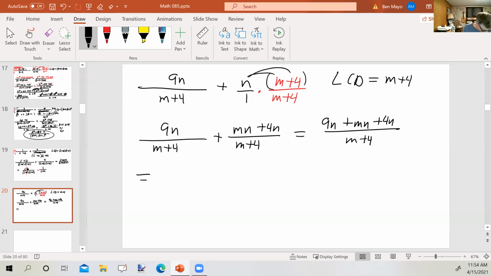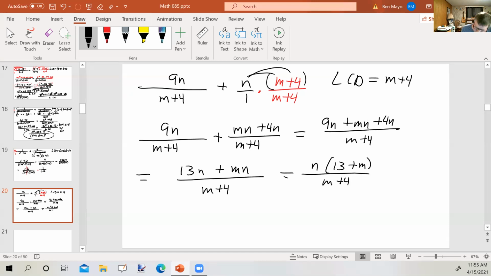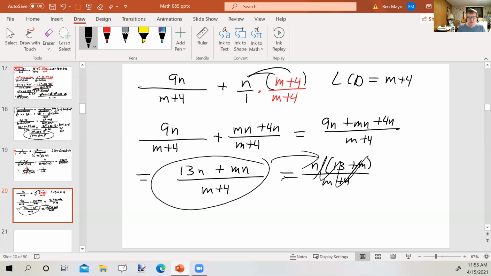Combining like terms, I get 13n plus mn over m plus 4. Now, I could factor an n out of the numerator, but doing that would not result in having a common factor in the numerator and the denominator that I could reduce. So I'll just go back here. But again, I always want to check that just to make sure there's something I didn't miss.